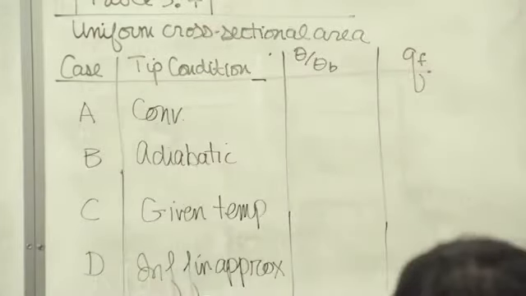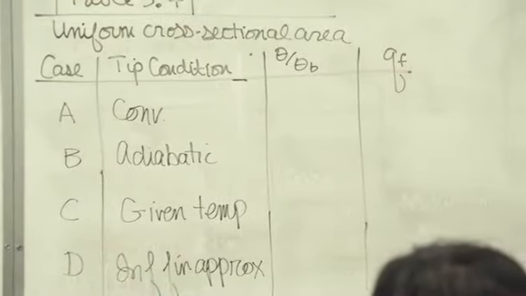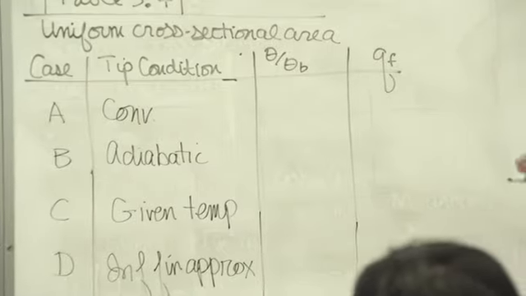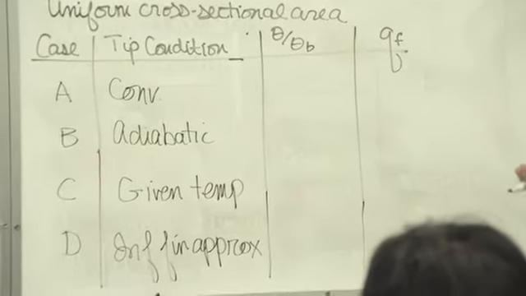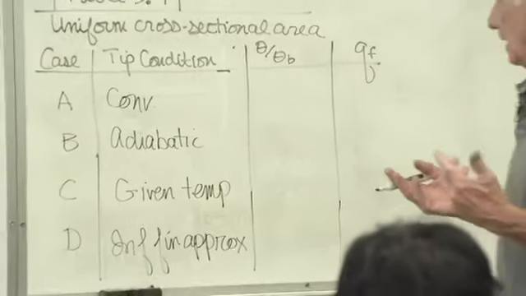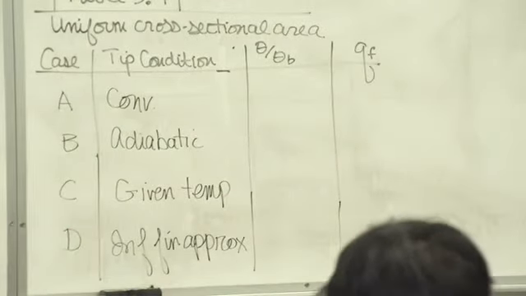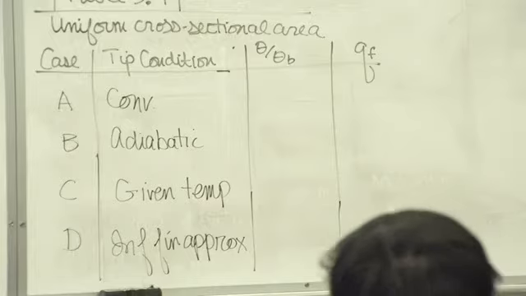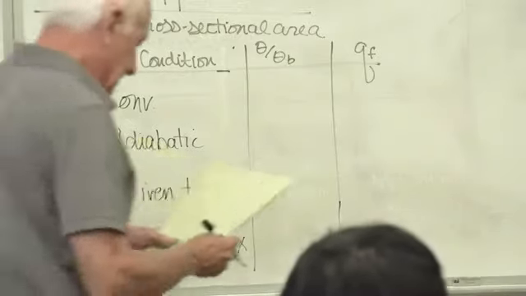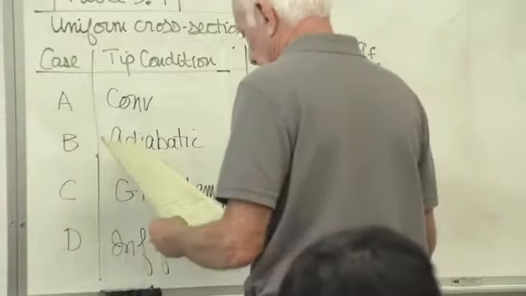So he solved this. He's found the constants C1 and C2 for 4 different cases, A, B, C, D. I'm not going to fill the whole table in, but I'll just put a couple results down here. If the fin tip is perfectly insulated or adiabatic, the temperature distribution is this.